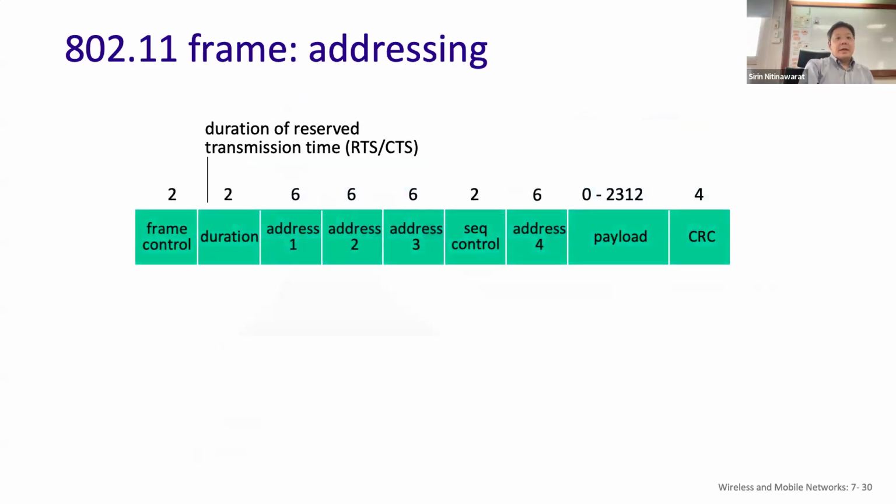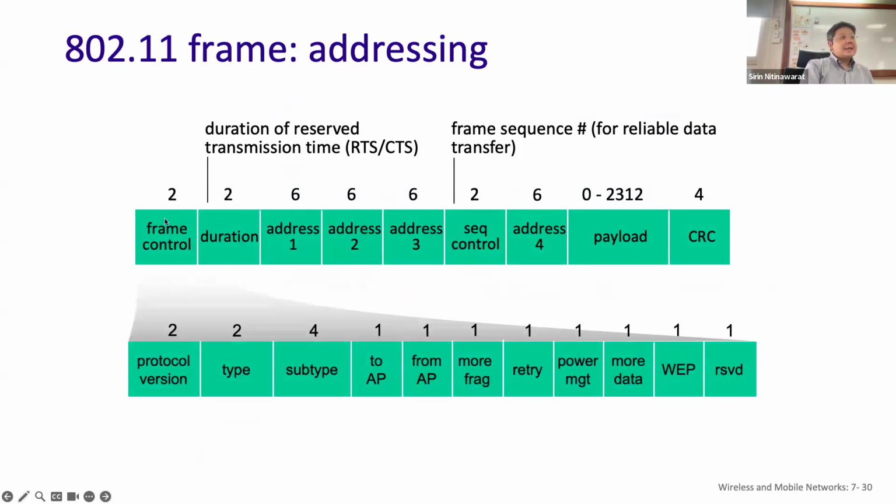Here's a more detailed dissection of different frames, right? We learn about the 4 addresses. The last one is used only in the ad hoc mode, okay? This one is the payload. The frame control of 2 bytes is further split into these subfields.